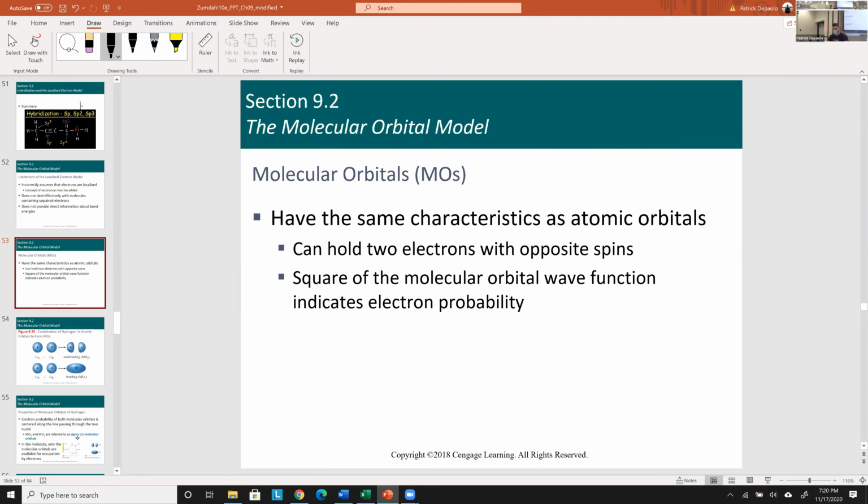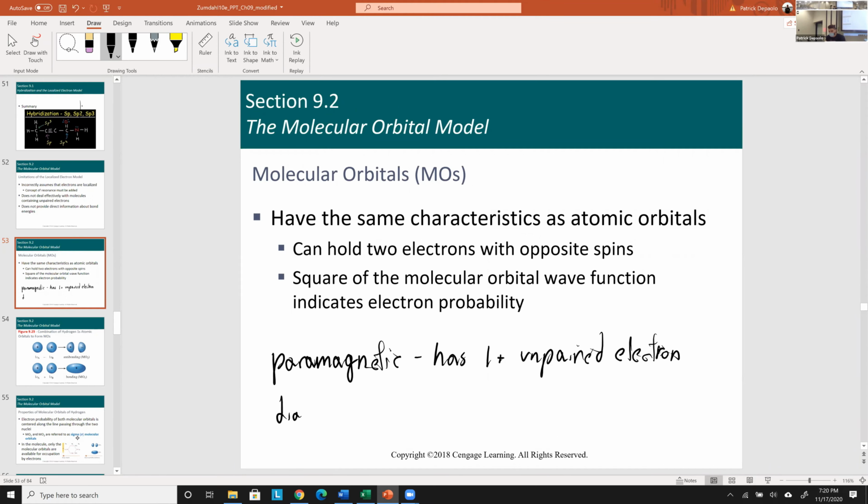So just to remind you guys, they will ask things about these on the test. Paramagnetic means it has one or more unpaired electrons.